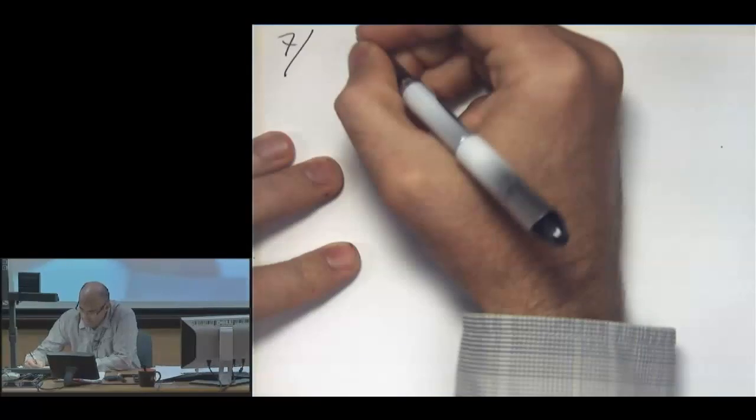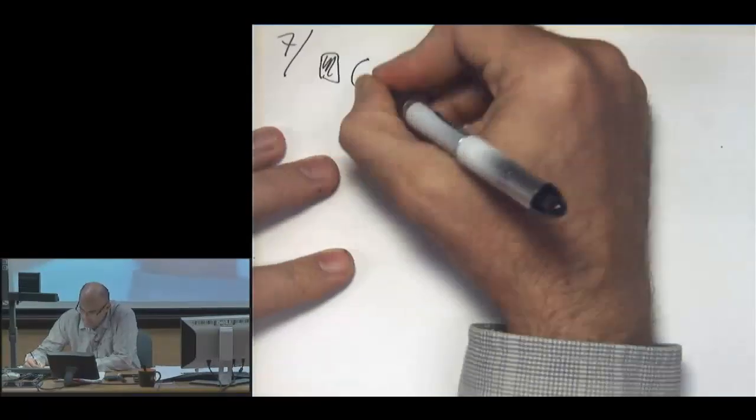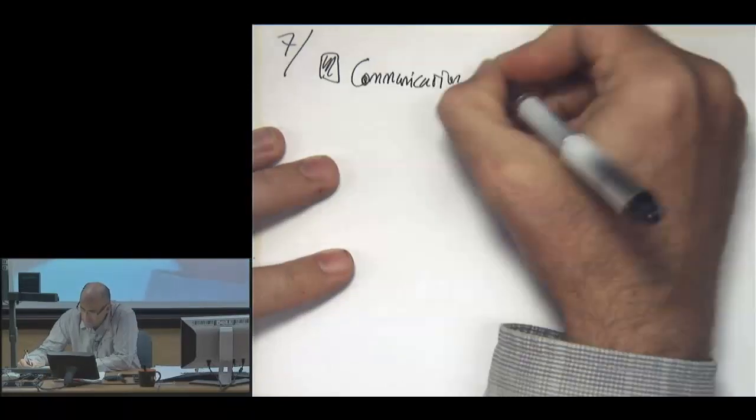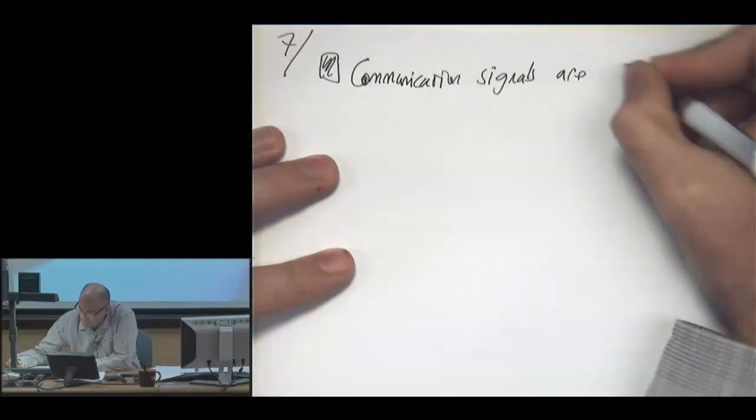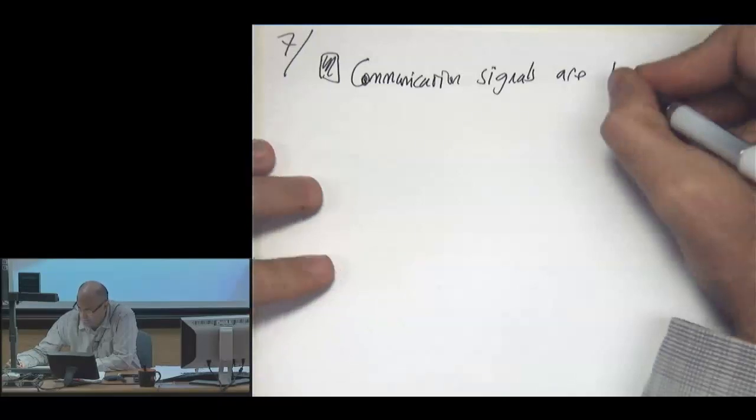Okay, yeah. So this is short. This is basically just an observation that communication signals are, and this is effectively, because we know that no real signal is band limited, but they are effectively band limited.